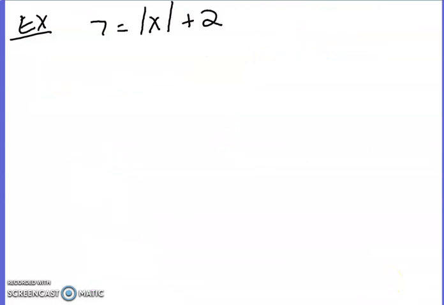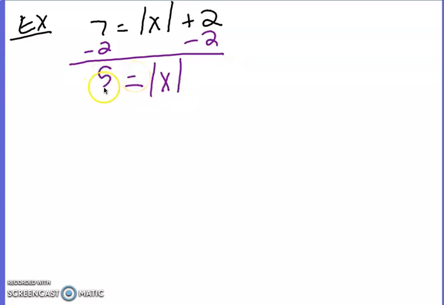So here what we're doing is solving this absolute value problem. If you just imagine for a second that it's just plain x, we would subtract 2 from both sides. And we're going to get the absolute value of x is 5. Remember what absolute value means. It's the distance from 0 to 5. So think on a number line.